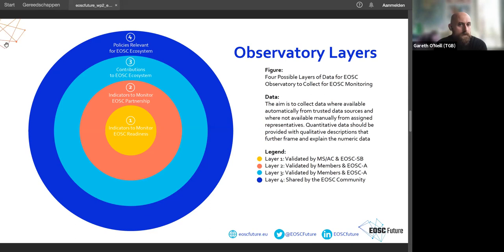The difference with the second layer is that this is not directly linked to the objectives of the partnership in the monitoring framework and in the SRIA, but rather looks at the activities being done and links them to categories of activities across all of the European partnerships under Horizon Europe, and also attributes a financial amount or estimation of those activities per organization.